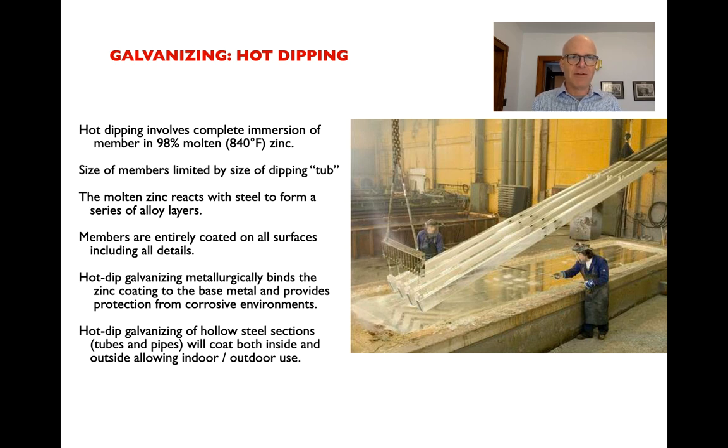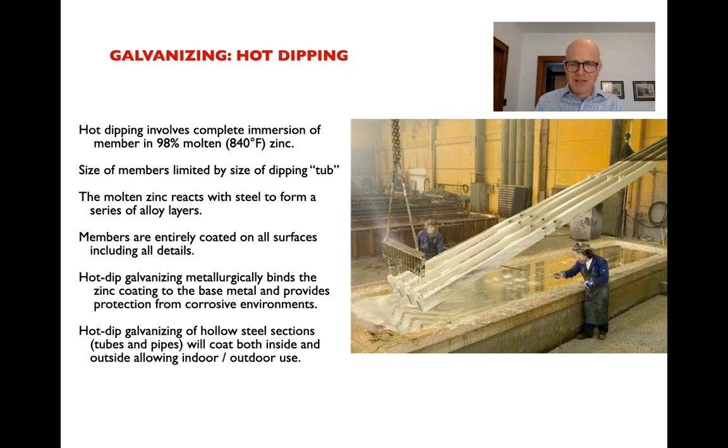This we call galvanizing. We're limited in the size of the galvanizing operation we can get to, so you need a tub big enough to put your steel into. But this gives us an alloy layer on the surface of the steel that prevents it from rusting. Because we're dipping it into a liquid, we get all of the surfaces taken care of.